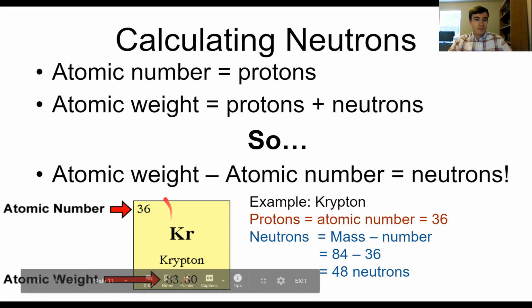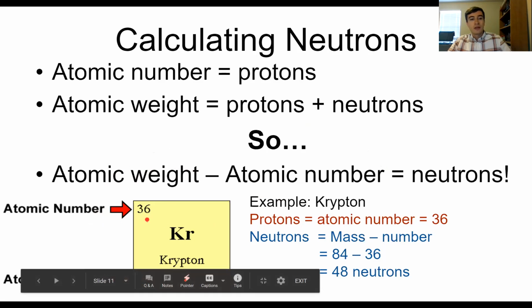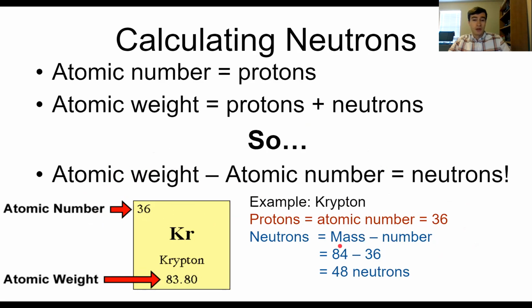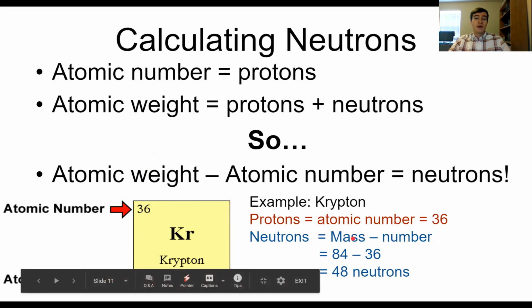So we've got our atomic number right here. That tells us that there are 36 protons in one atom of Krypton. Now we want to figure out the neutrons. So we know that our mass, when we round that 83.8 up, becomes 84. So we'll just say 84 is the mass of Krypton. And we do mass minus the atomic number.